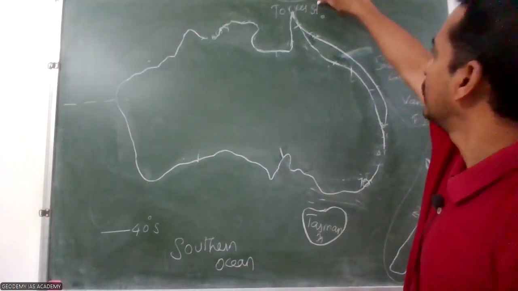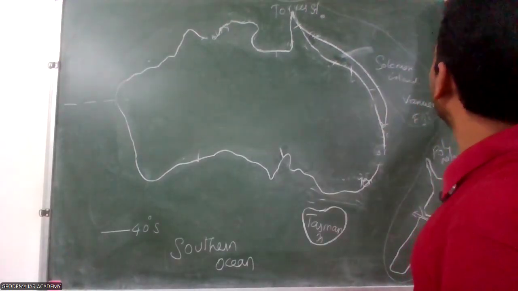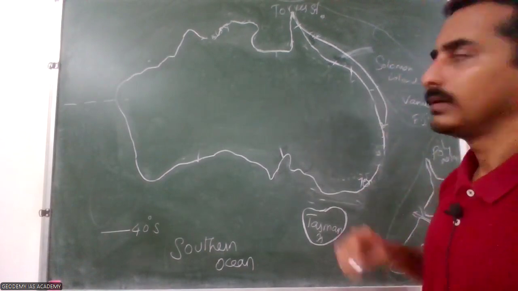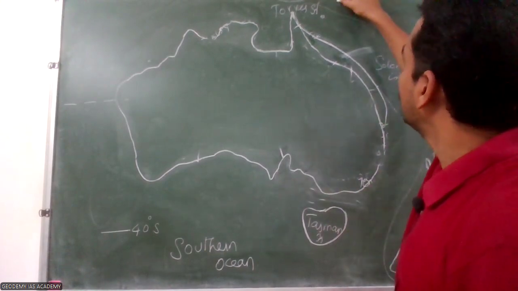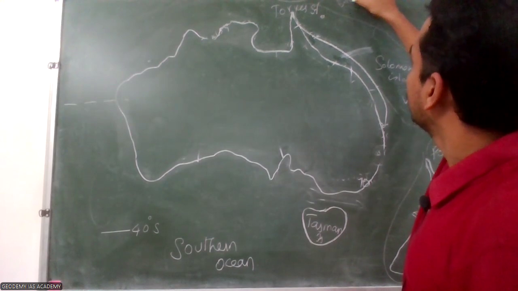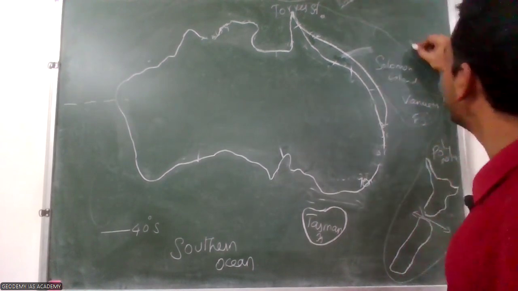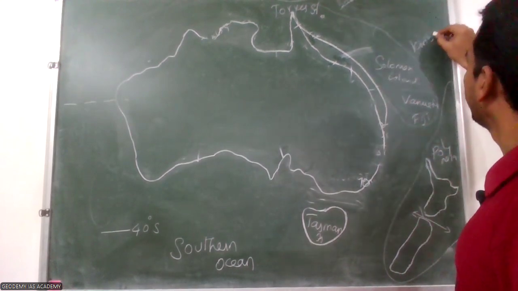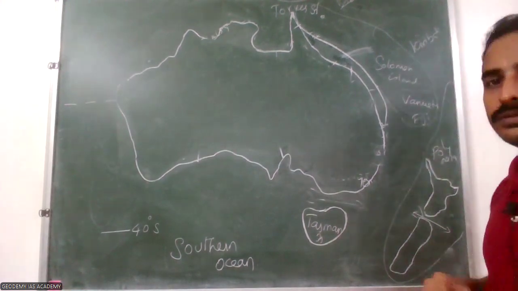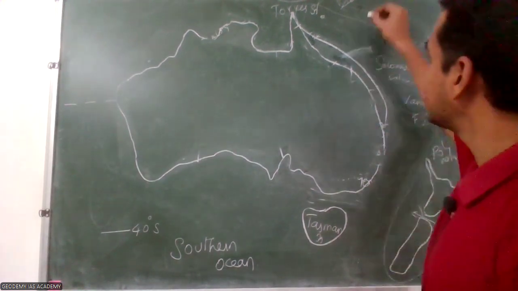And here in this part, the Micronesian region: Bismarck Island, Kiribati Island, and Marshall Islands.